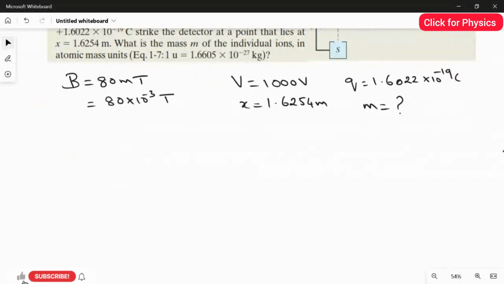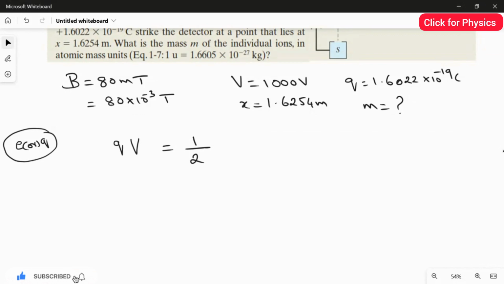So let's write Q multiplied by the potential. Q you can take, or either you can use E, no problem, both will be the same. So here for the charge, you can use the letter E or Q. So that means when you apply the potential to the charge, its potential energy is converted to kinetic energy. That means half mv squared.